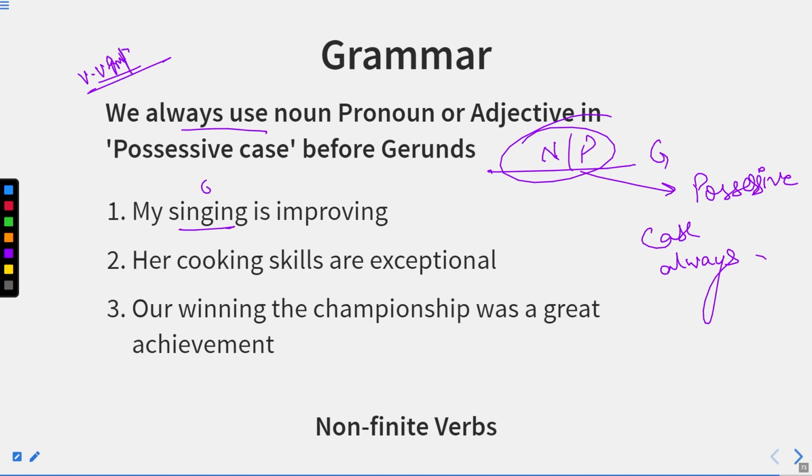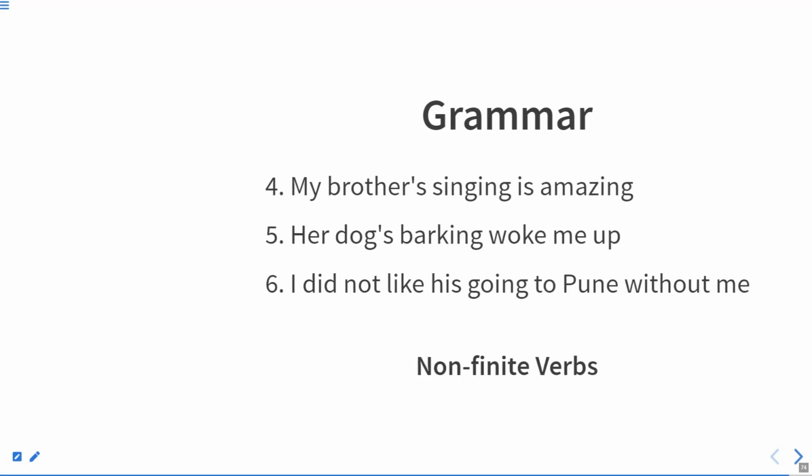Now singing is a gerund and my is the possessive case. I cannot say me singing or I singing, that will be incorrect. Her cooking skills are exceptional. So cooking is a gerund and her is possessive. Our winning the championship was a great achievement. So winning is a gerund.